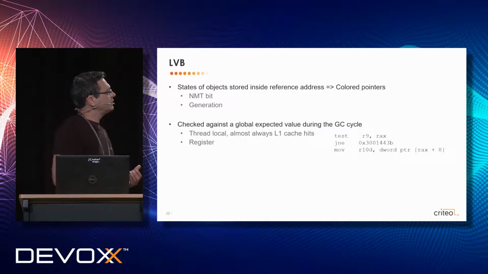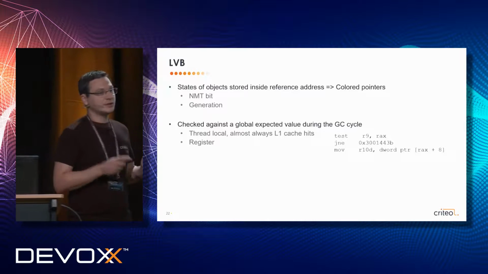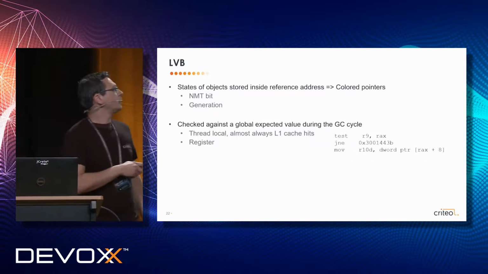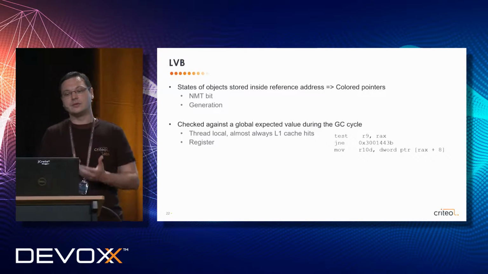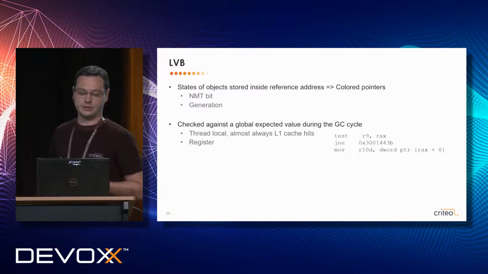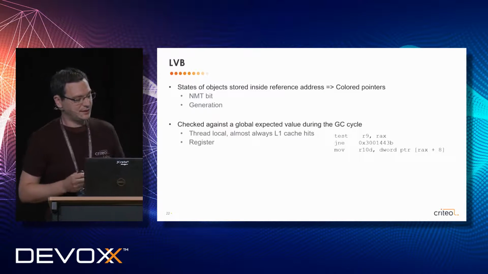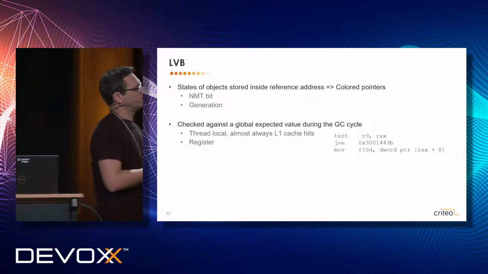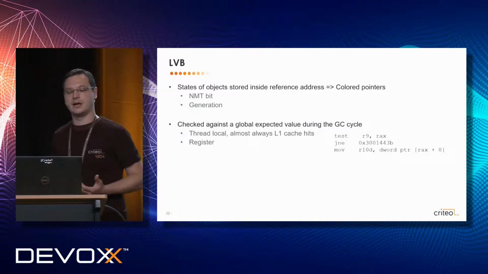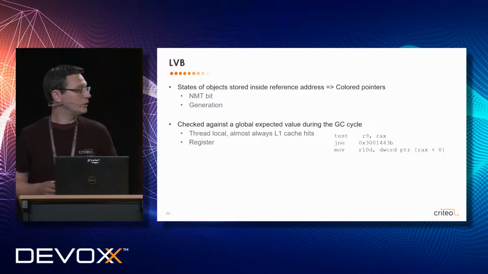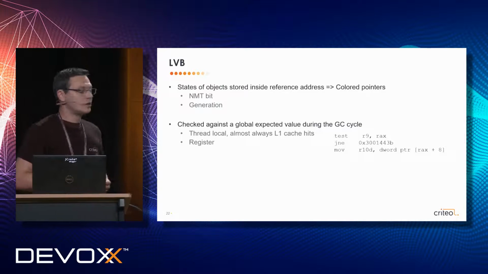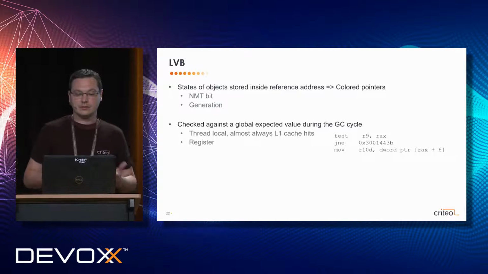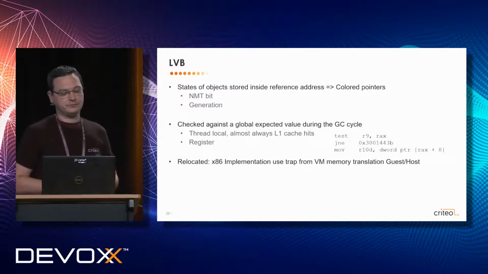This is the version with the register. We just test the two registers. R9 is the register that stores the current GC state. And if it's okay against the reference address stored in AX, we can move on. Otherwise, we jump into the self-healing process.